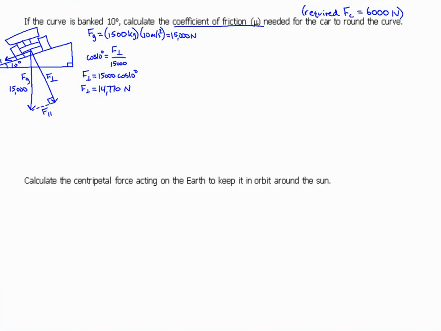To find the force parallel, we're going to use the sine of 10 degrees. Sine of 10 degrees is the force parallel over 15,000. And we find that the force pulling this down the ramp is 2,605 newtons.